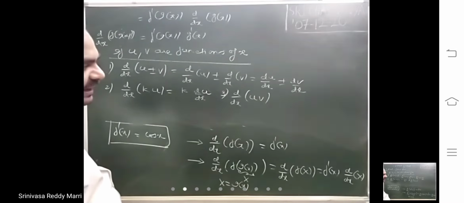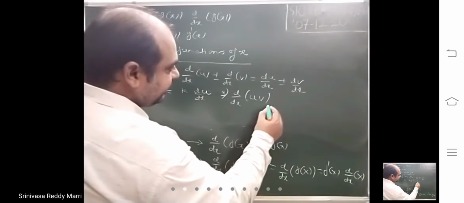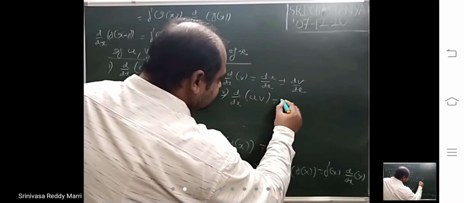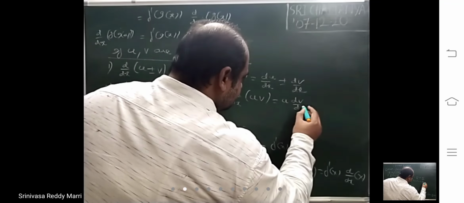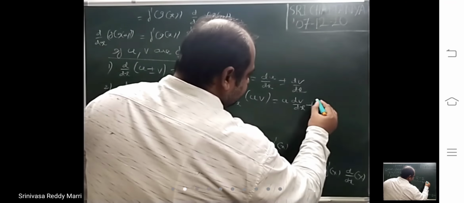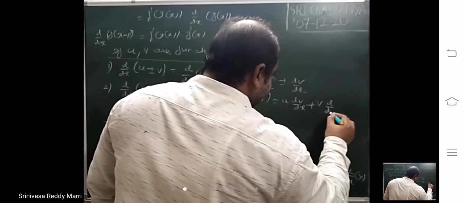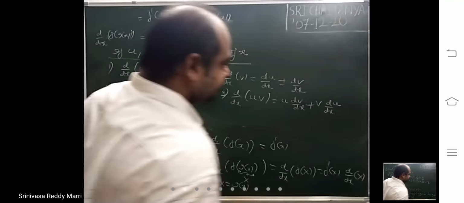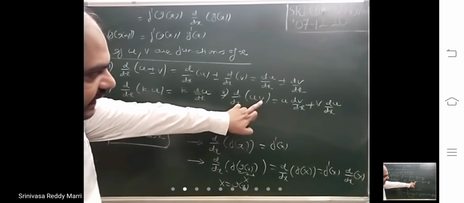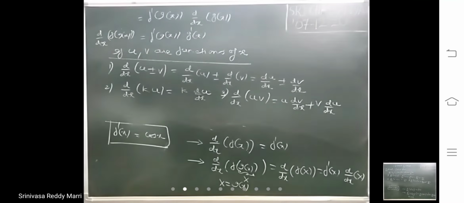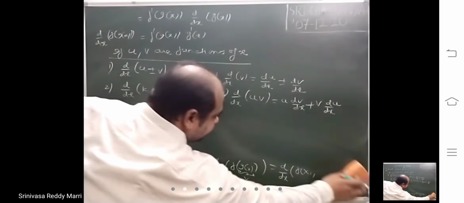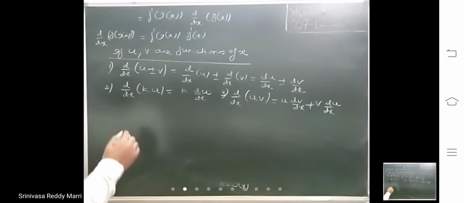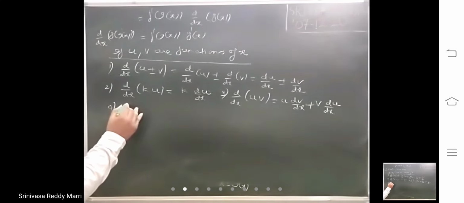You must not write d by dx of u into d by dx of v. The formula is u into the derivative of v plus v into the derivative of u. This is the product rule. While solving the problems, we will see how to do that. For the time being, remember that formula.